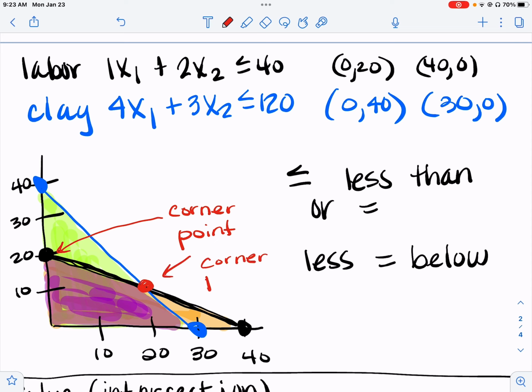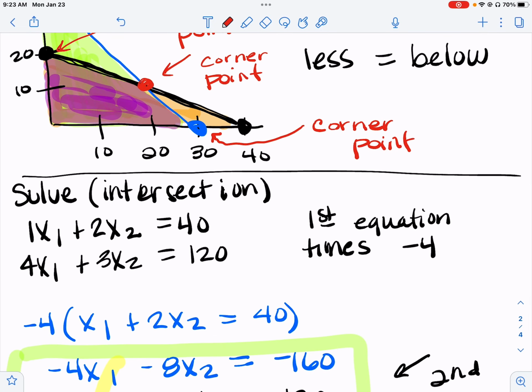Where they intersect is a corner point. Okay, remember, it's got to be where they were shaded twice. So this (30, 0) is also a corner point. Our corner points are where it's shaded twice.